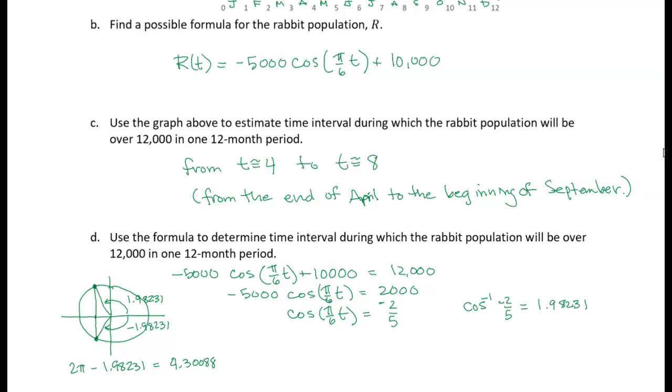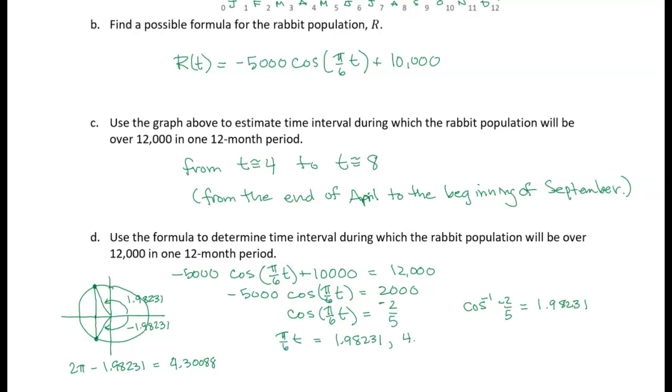So down here, I'm going to say that pi over 6t is equal to 1.98231. I know I'm going overboard with precision here, but, all right.